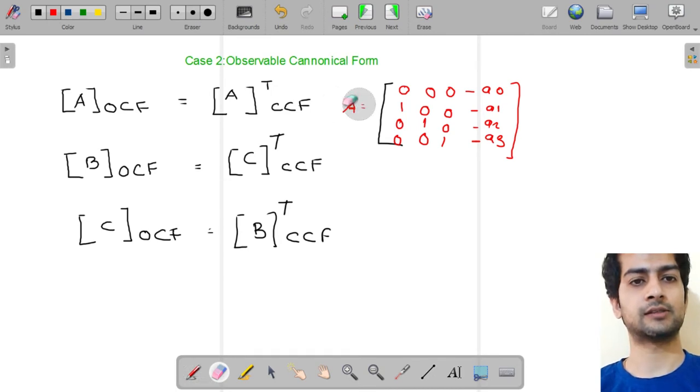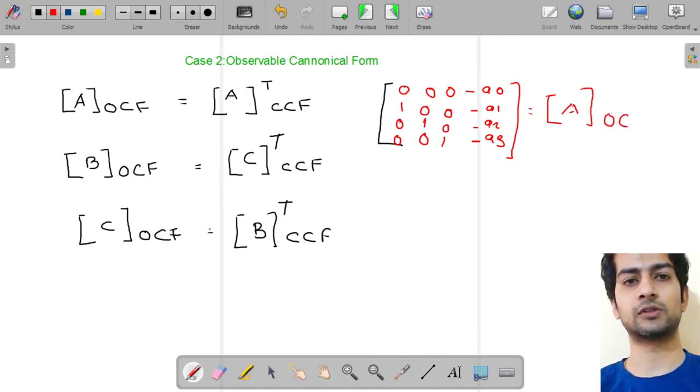Let's write it like this. It is our matrix A in OCF, observable canonical form. We can write it in short, OCF.